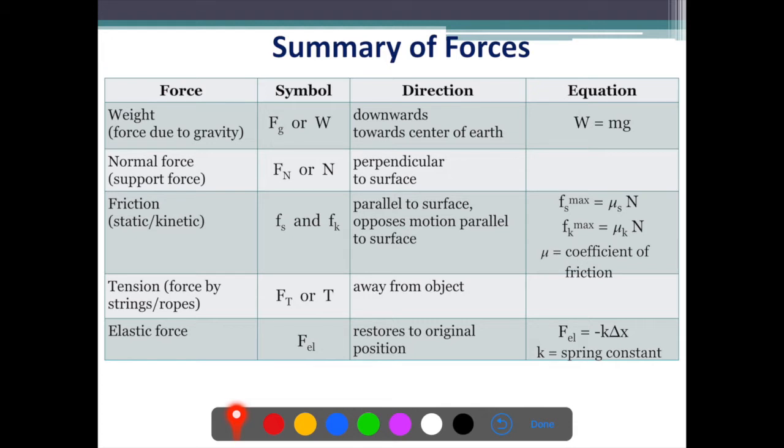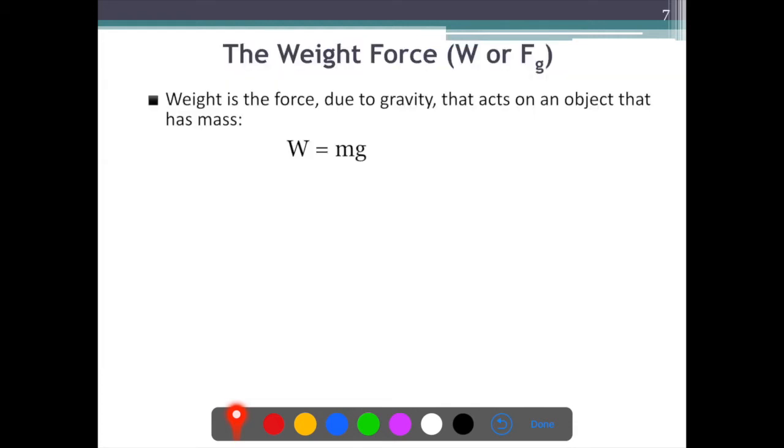This table can be a useful reference as you study forces. All right, so let's go through each of these forces, starting with the weight force.